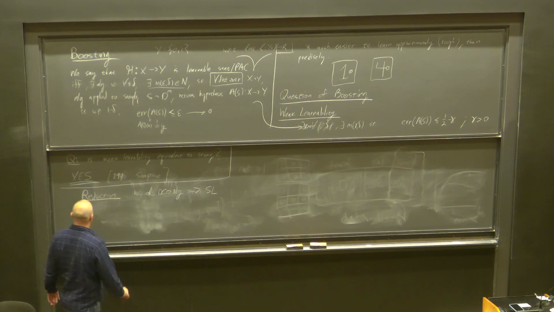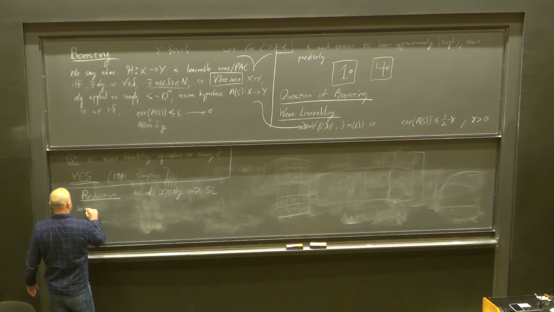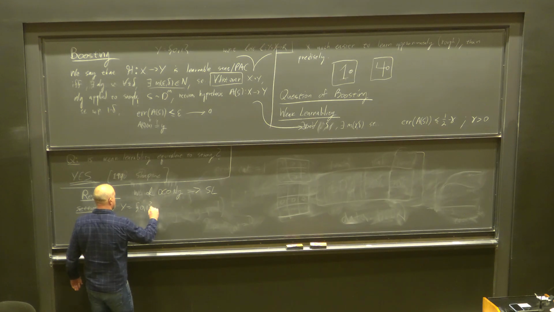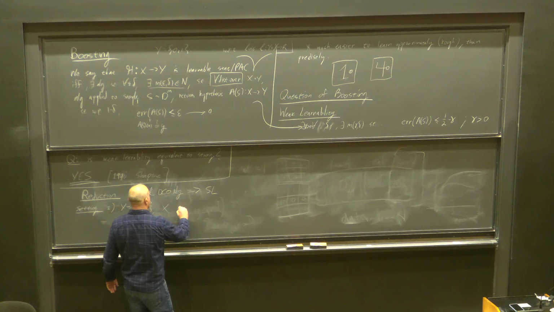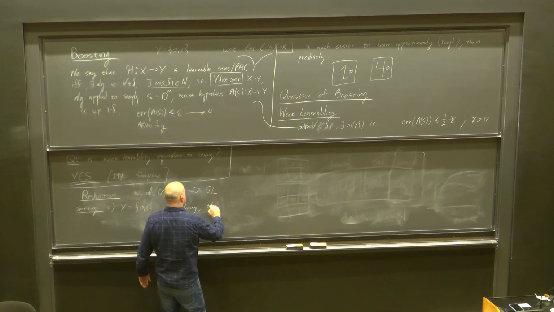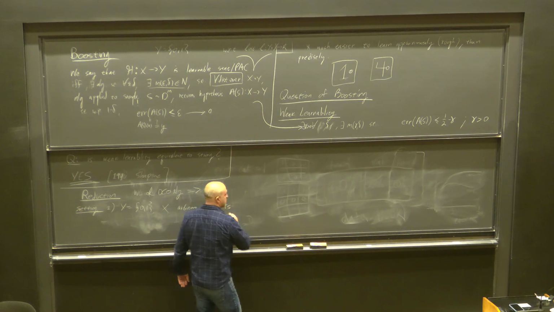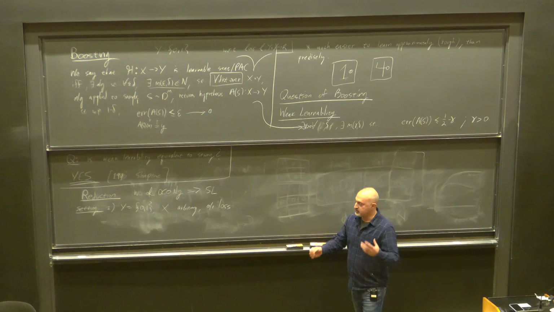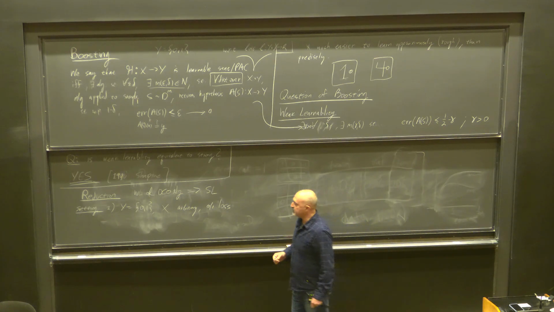So the setting: I'm going to assume my label set is {0, 1}. X is arbitrary. I'm going to have the 0-1 loss, so L measures the number of incorrect classifications. This is a classification problem.